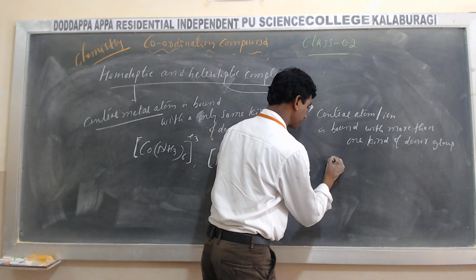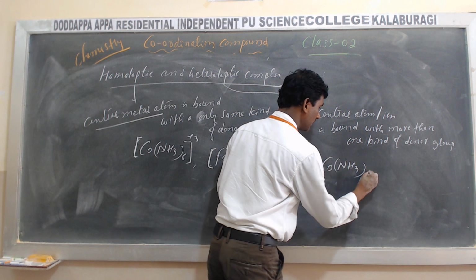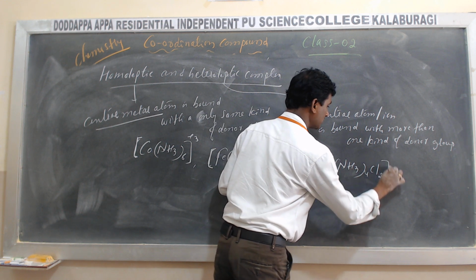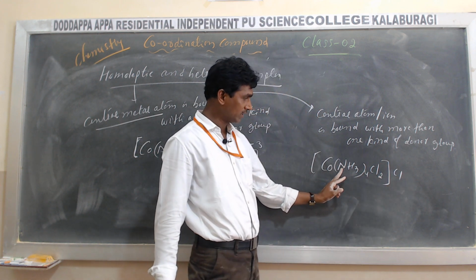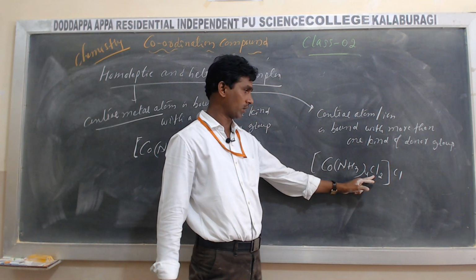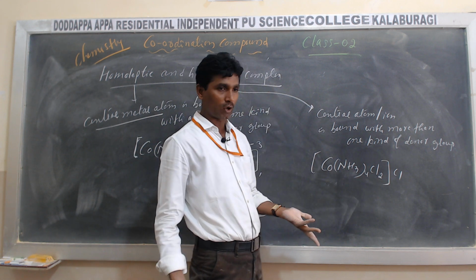Now I can write Co(NH3)4Cl2, with Cl. There are two kinds of donor atom, one nitrogen donor and one chloride donor, different kinds of ligands attached to the central atom. It is called a heteroleptic complex.